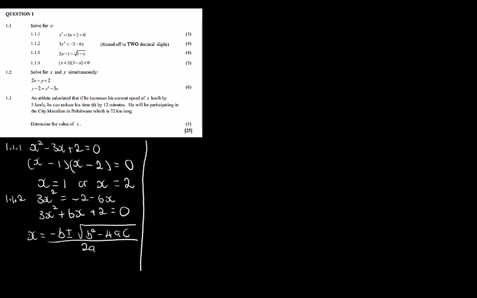So continuing this, we now substitute. It's advisable for you to write down what b is. So my a is equal to 3, right? My b is equal to 6, and my c equals 2, right?